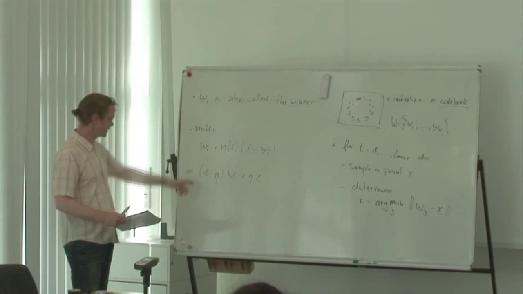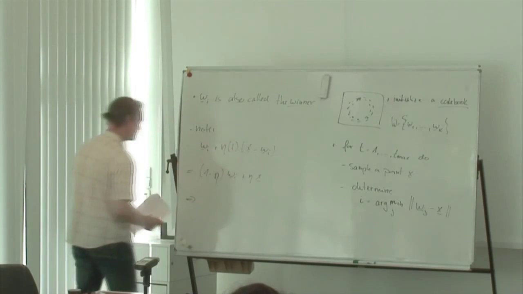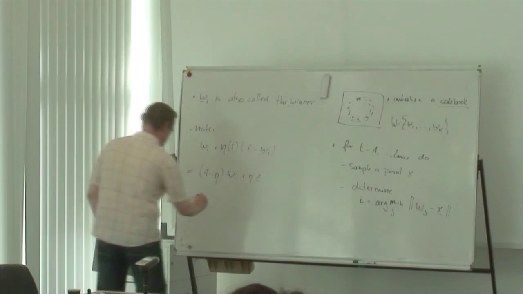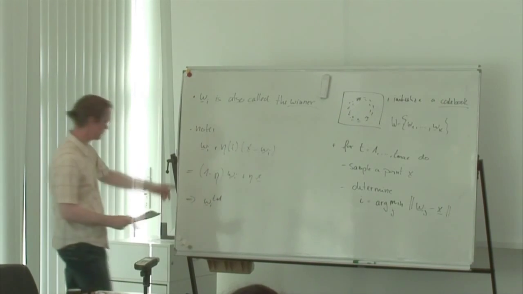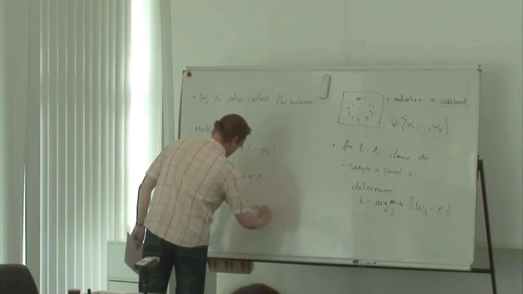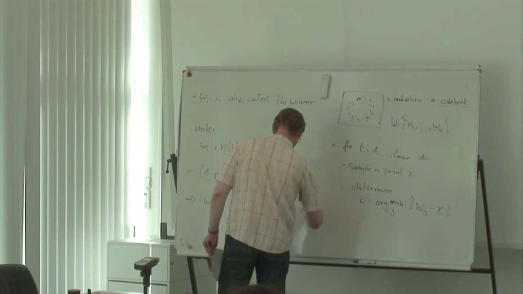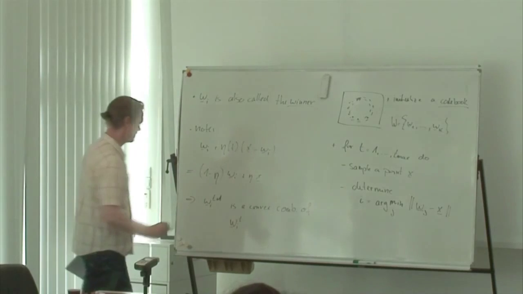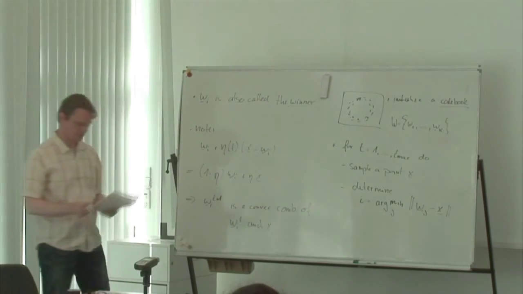And this tells us, if eta is a number between 0 and 1, that the updated vector, so at t plus 1, the codebook vector wi at time t plus 1, is a convex combination of the wi at the previous point in time and the currently sampled data point x.